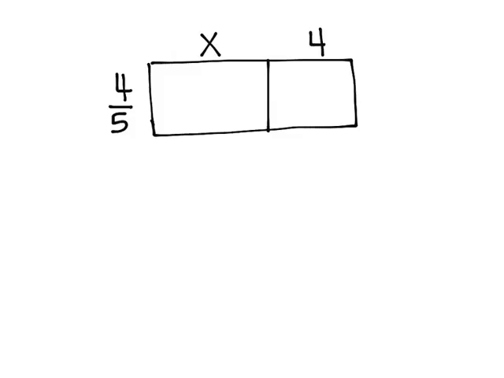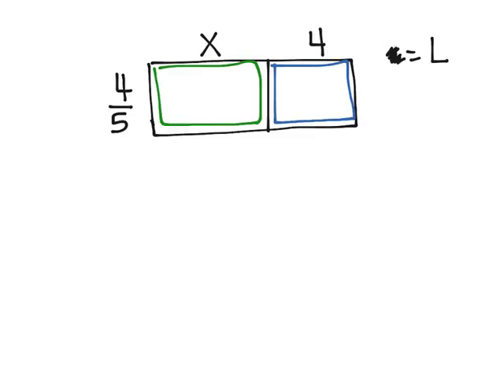This time, we're going to think about the area of the green section and the area of the blue section. We determined in the last problem that the area of the black rectangle was the total length times the total width. Right now, we're going to look at what the area of the small green section and what the area of the blue section are.